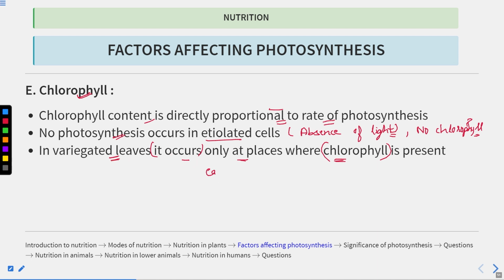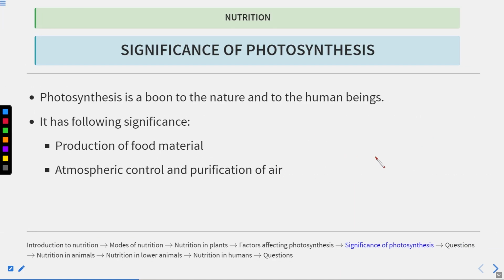For example, croton has leaves with patches. Some are green patches, some are pale colored patches. The green colored patches contain the chlorophyll, and only those patches will do the photosynthesis.